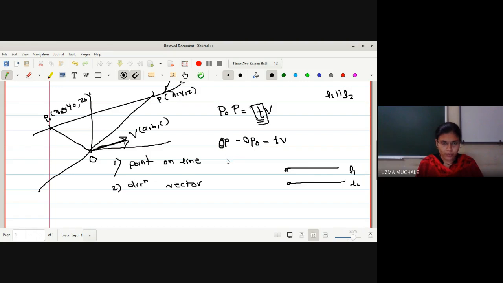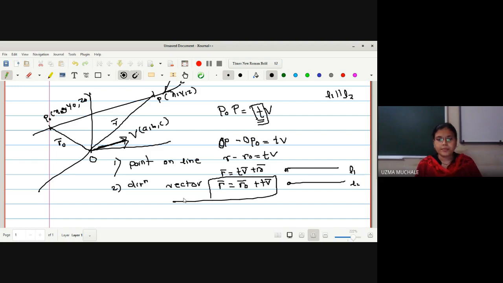We can consider the value of OP to be some distance R, and I will consider OP naught to be R naught. So it will be R minus R naught equals TV. You can write it as R bar equals TV bar plus R naught bar, or R bar equals R naught bar plus TV bar. So this is the equation of a line.